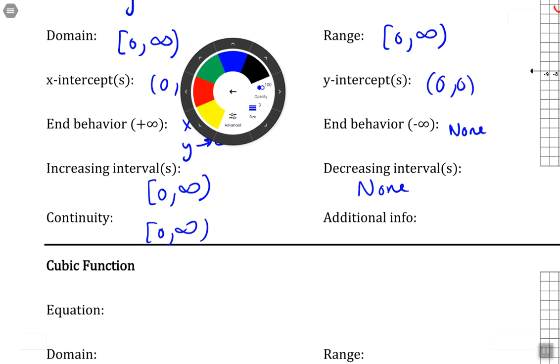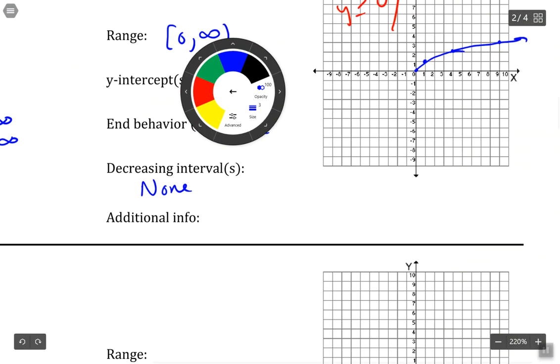Additional information. Do we agree that this is the inverse of squared? So additional information is that it's the inverse of y equals x squared for x greater than 0. Why did I have to restrict it?